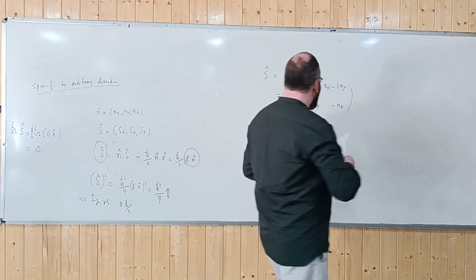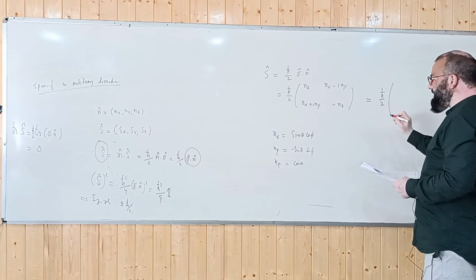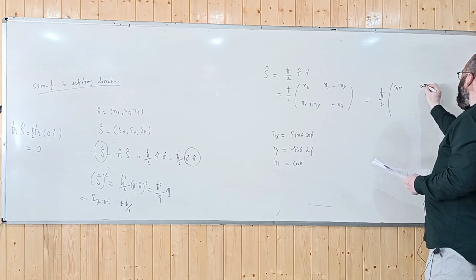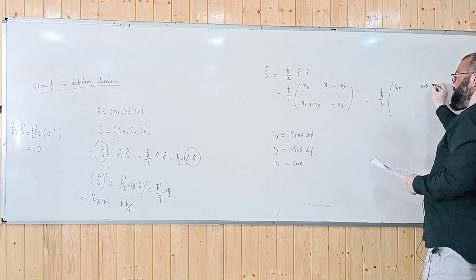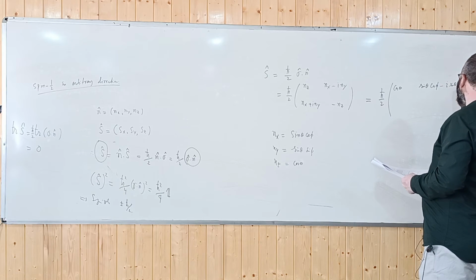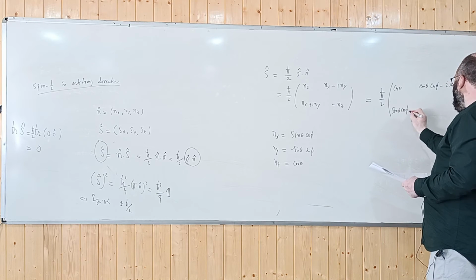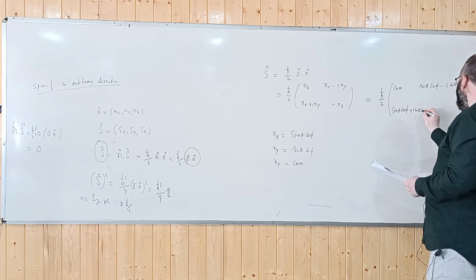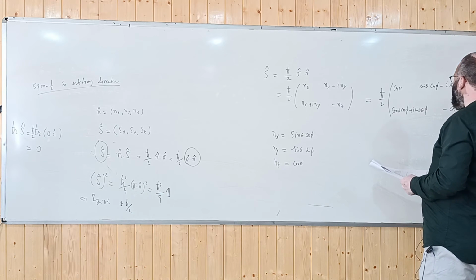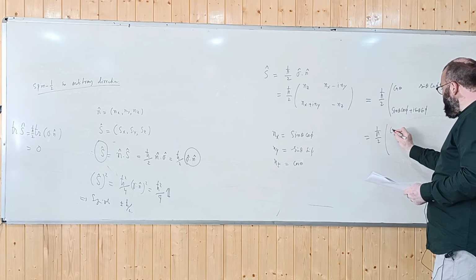Now let's write this operator. It is h-bar by 2. What is nz? Cos theta. What is nx? Sine theta cos phi minus i sine theta sine phi. The other is sine theta cos phi plus i sine theta sine phi. Then you have minus cos theta. Clear? So it is h-bar by 2, cos theta here.